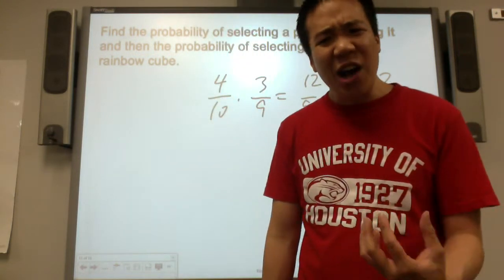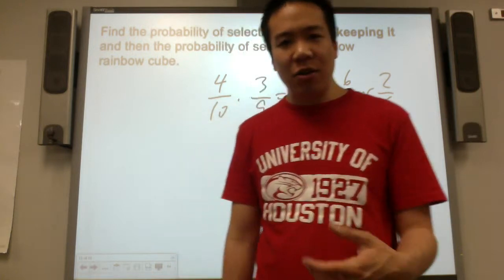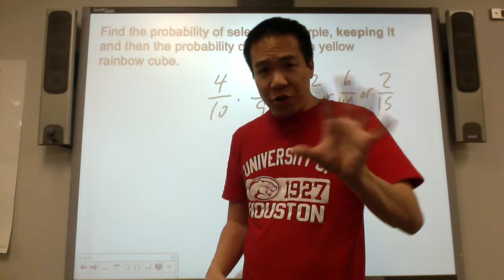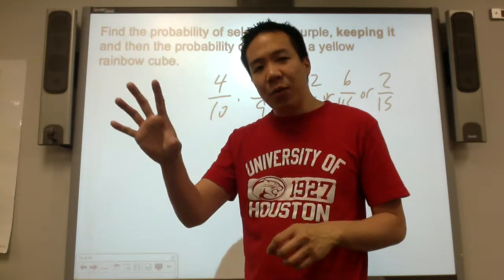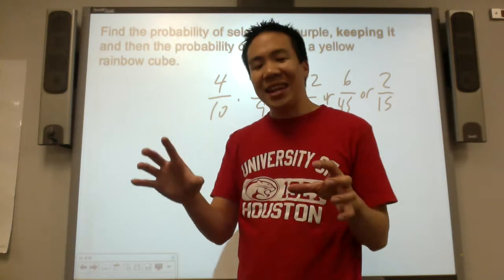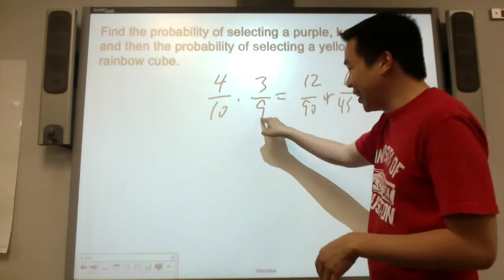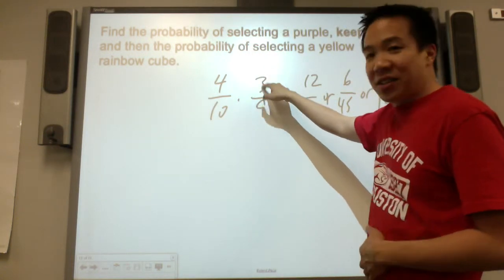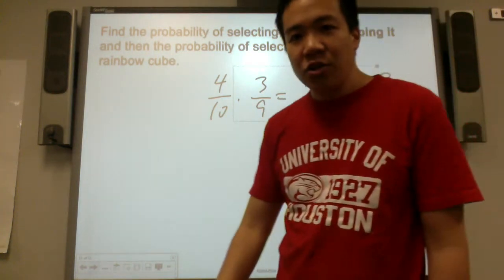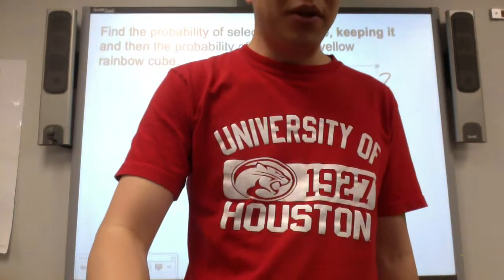However, if it's without replacement, it's dependent on what happened on the first one. Then you find the probability of the first event, like nothing happened. And then for the second one, you have to take one of the items out, so there'll be one less. That's why you look at it as one less. Then you find the probability of the second event with one less in the total, and then you multiply it. So it's independent and dependent compound probability.